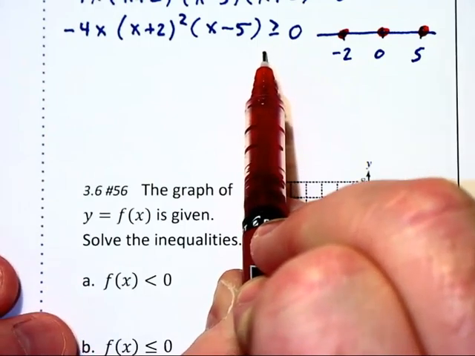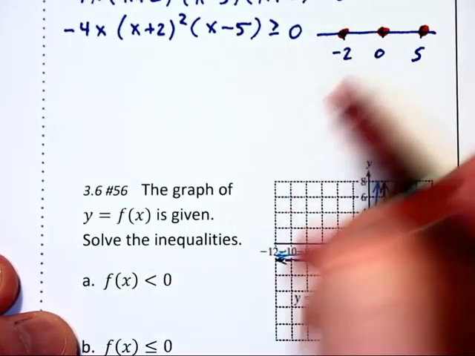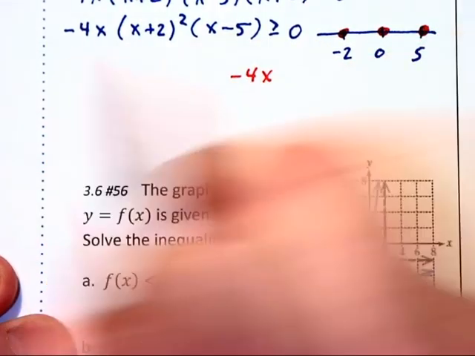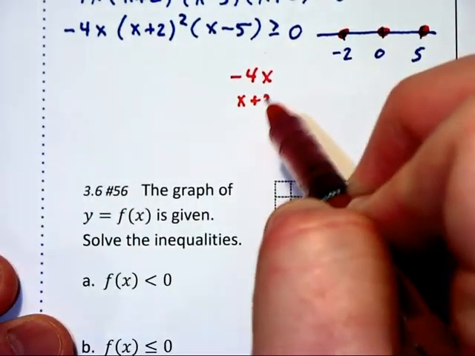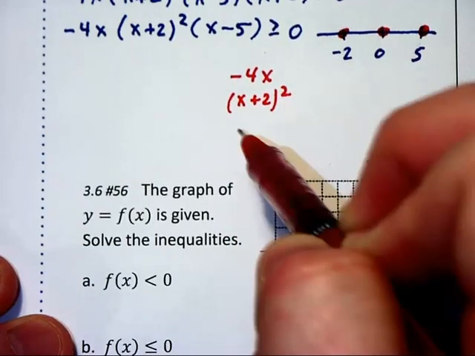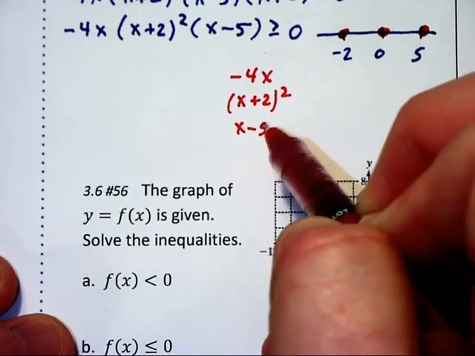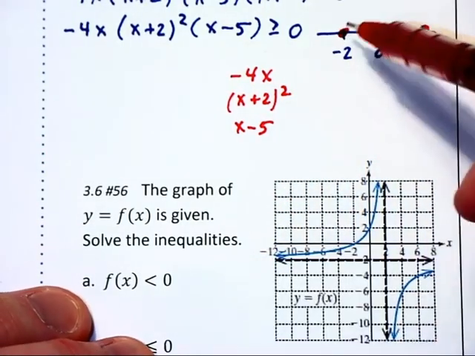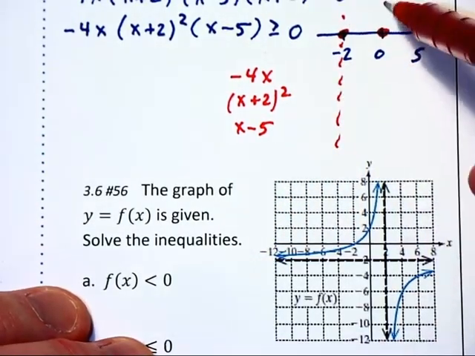So let's do another sign analysis. Let's look at the negative 4x, the x plus 2 squared, and the x minus 5, and try values in each of these intervals and see what happens in each of those intervals.